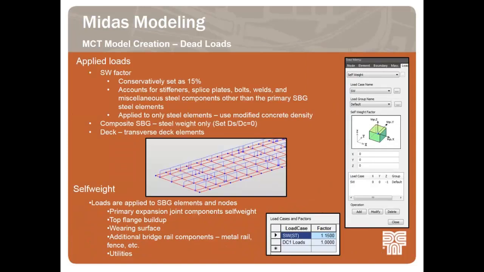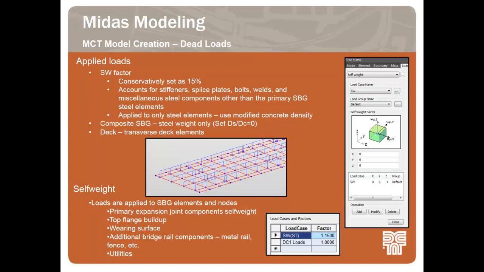The dead loads used in the grillage model were all created by the MCT files. These included applied loads, which included the primary expansion joint component self-weights, the top flange buildup, wearing surface where applicable, and any additional bridge rail components such as a metal rail on top or a fence, and also utilities.